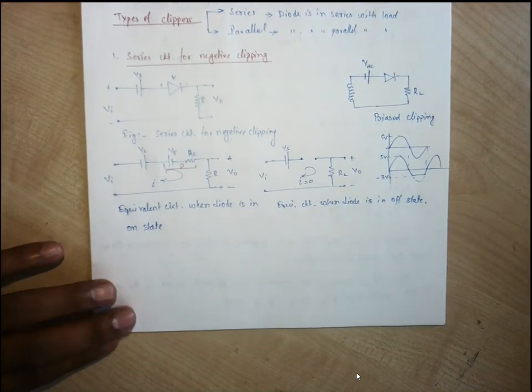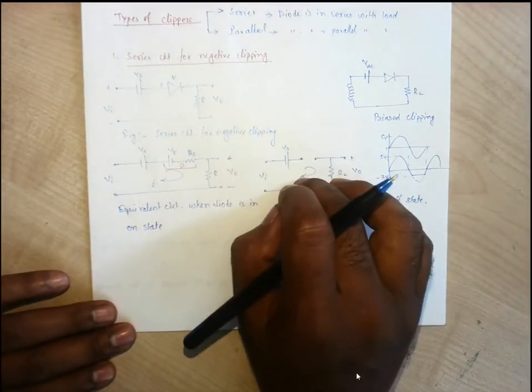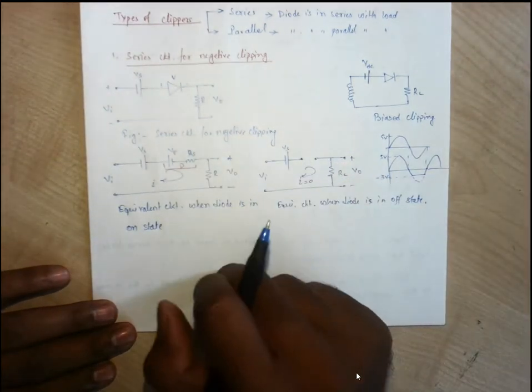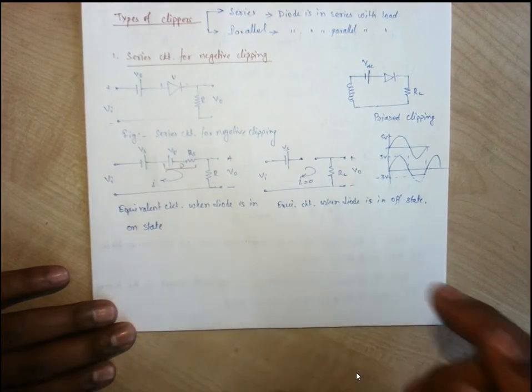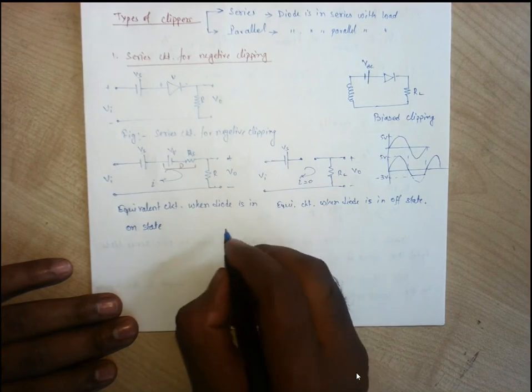Now depending upon this on state and off state, the output waveform will be decided. So I am just drawing it for the time being, and we will discuss how we are getting this output.